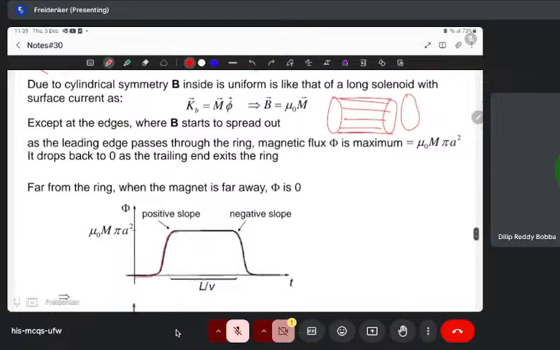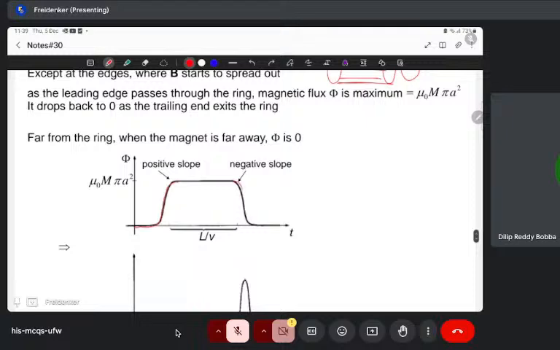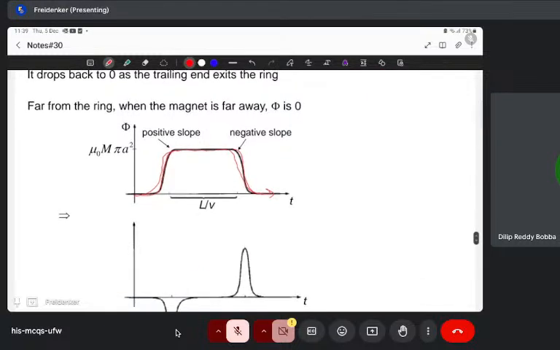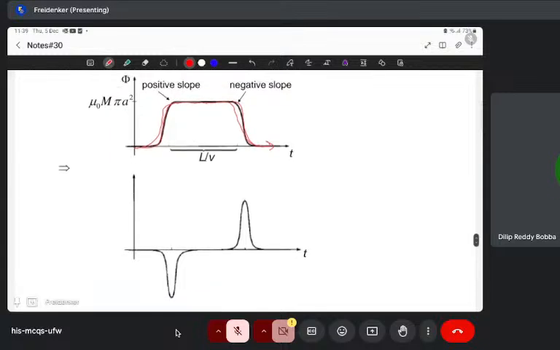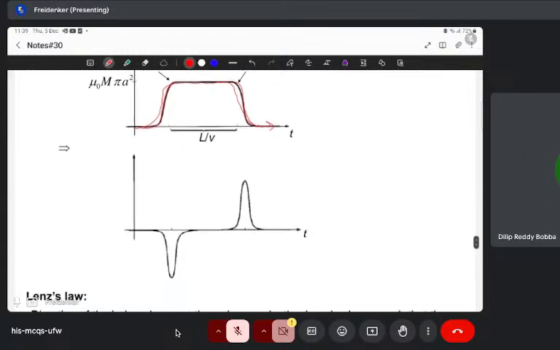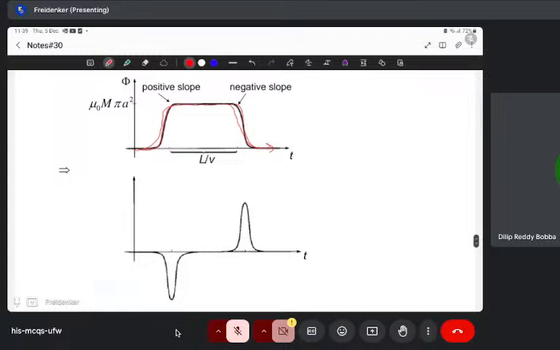So flux also decreases. So flux initially increases, stays constant, and then decreases. And I think this is as time passes.